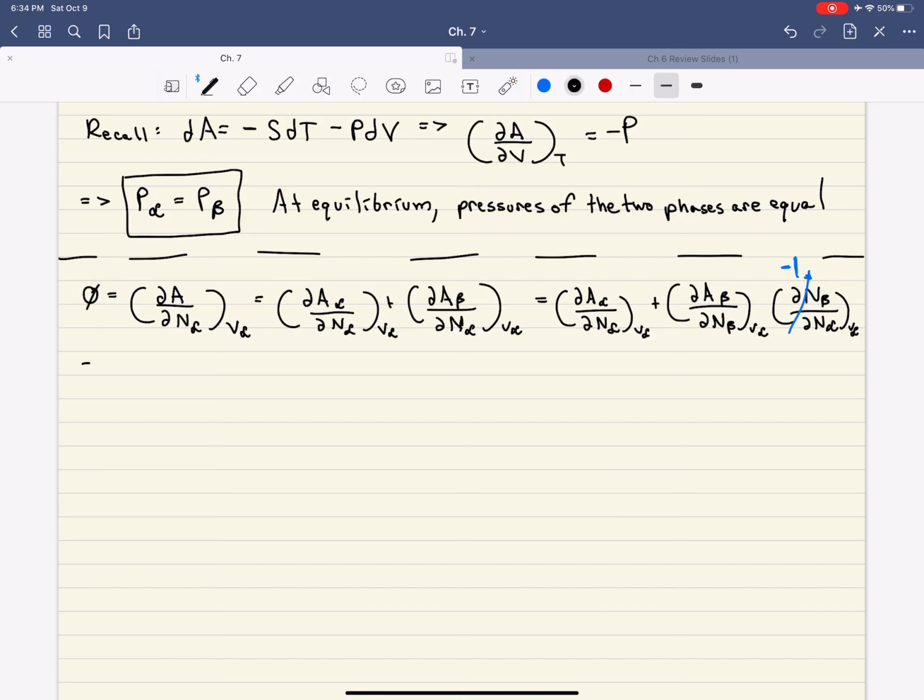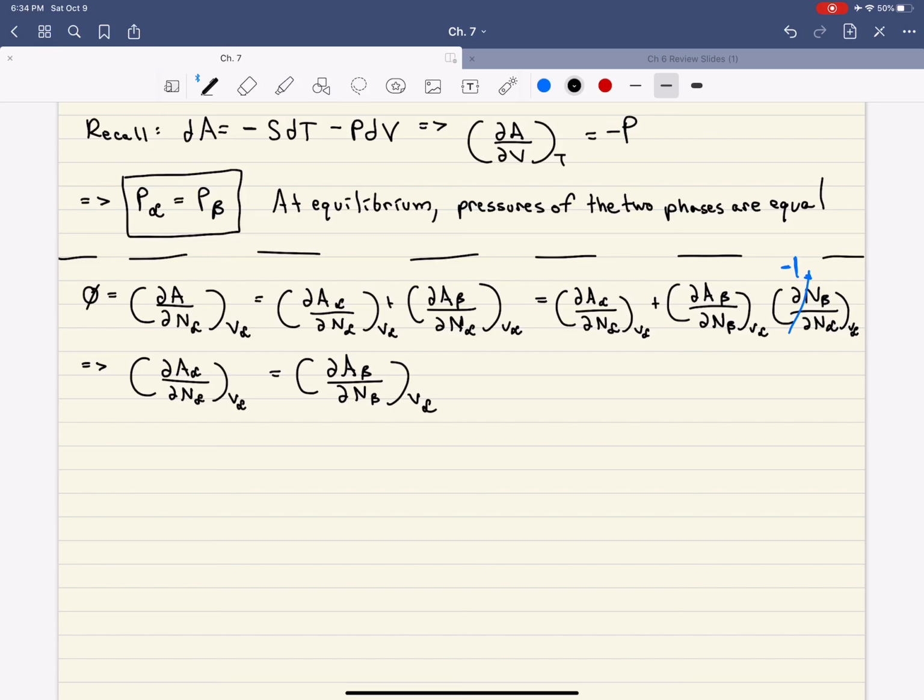And so that tells us dA alpha over dN alpha, at constant V alpha, is equal to dA beta over dN beta at constant volume.